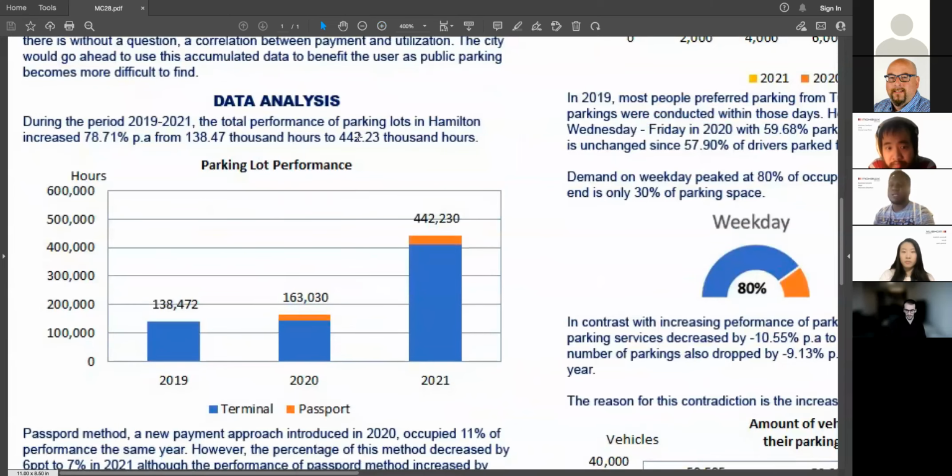I'm referring to the parking hours. In 2021 we have about 442,000 parking hours, whereas in 2019 we only experienced about 138,000 parking hours. So I'm referencing parking hours as to why we have more data for 2021 than 2019.